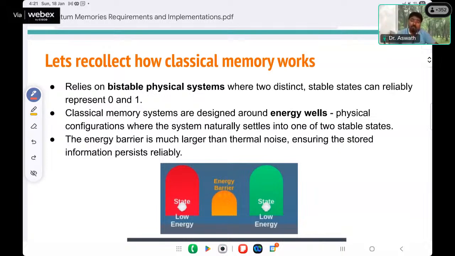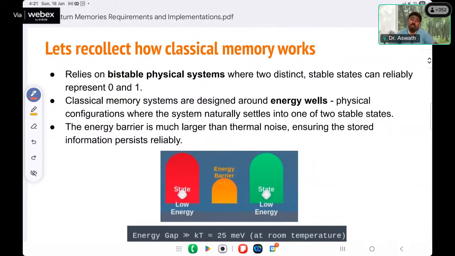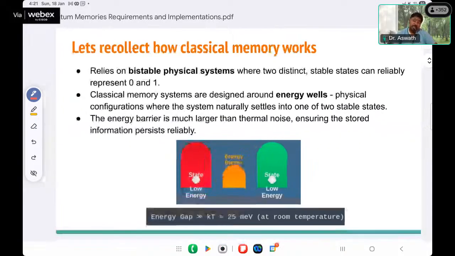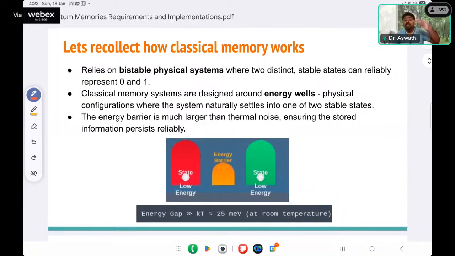So we know how classical memory is realized. Let's recollect how classical memory works. It's a bistable physical system. It can exist in two states, just like a switch can be 0 or 1, high or low.